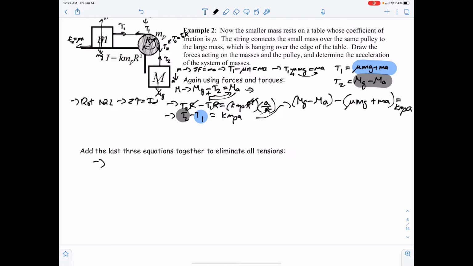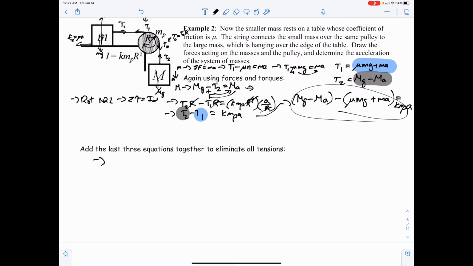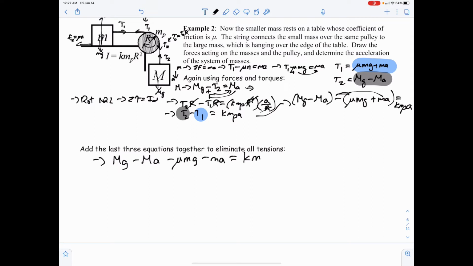Now we've got all three equations here. What I'm going to do now is distribute the negative and then rearrange the Ma's. So we've got Mg minus Ma minus mu mg minus little ma equals K m_p a.